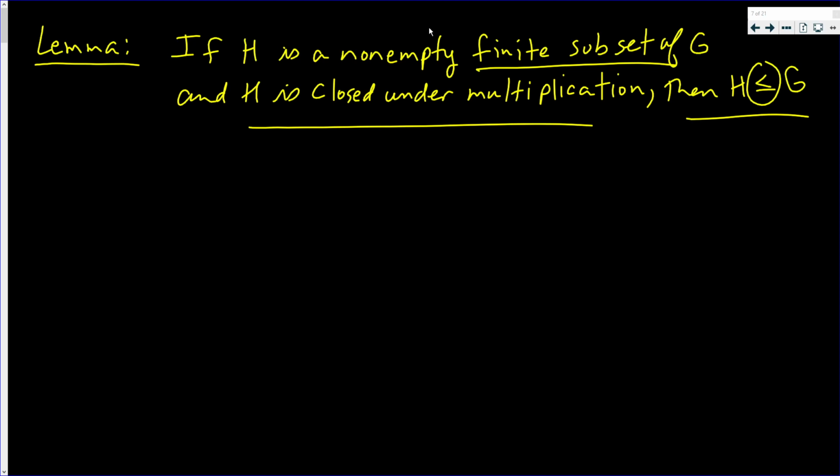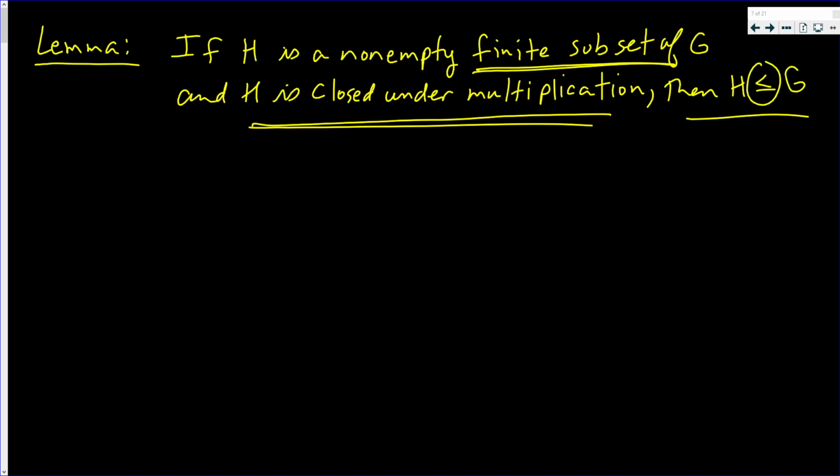In the last lemma, we weren't given that H is a finite subset, and we were able to show that H is a subgroup of G if H is closed and it had inverses.